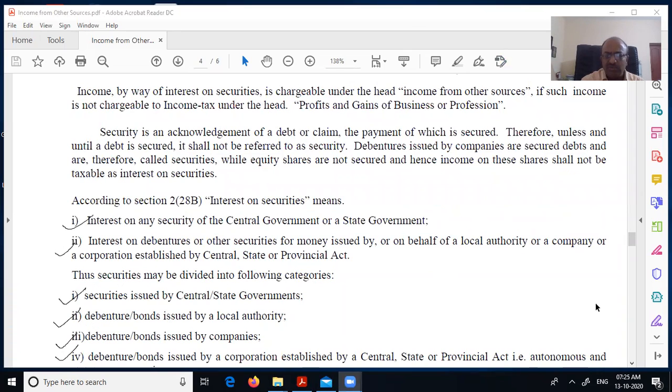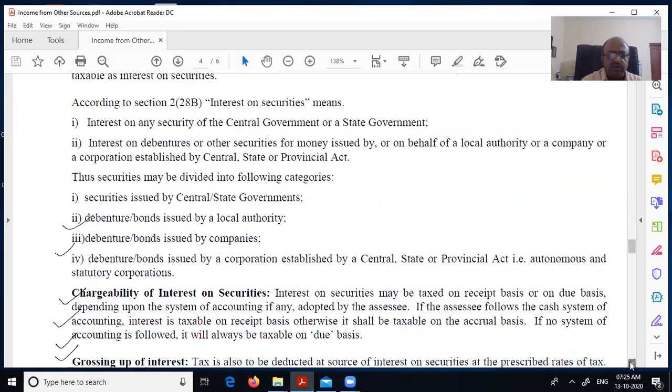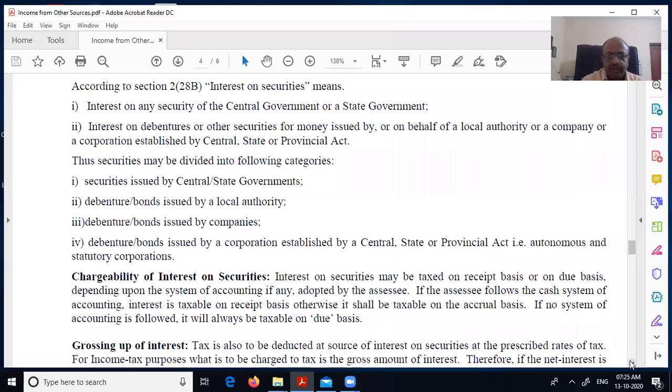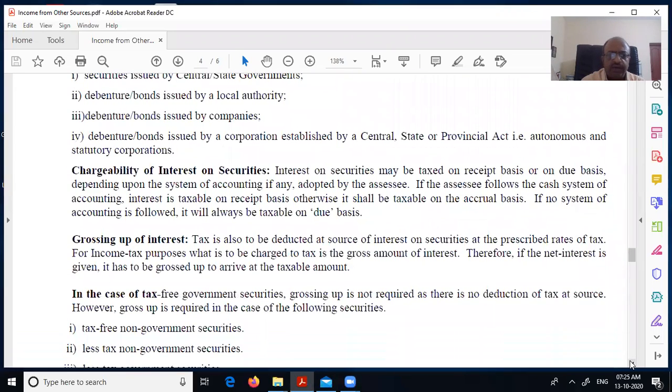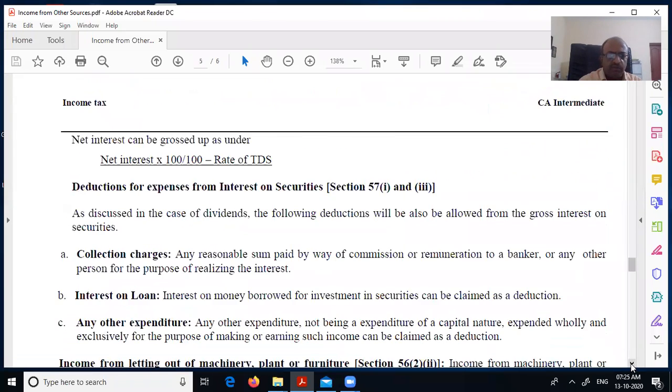These are not very important. I'm just saying, mainly debentures, where there is a security involved. Here also grossing up is required. As to how to charge it, if you follow cash basis, you follow cash, otherwise accrual basis. If you read it, you know it's nothing complicated.